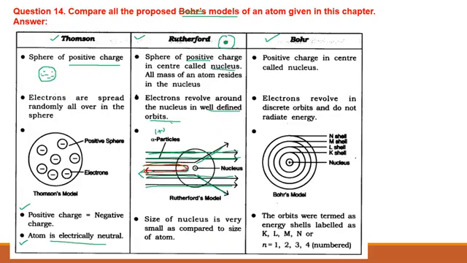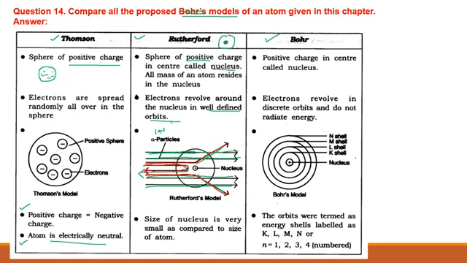A few rays were deviated a little bit, probably because of the electrons which are revolving around the nucleus in shells. So this is what was put forth by Rutherford.